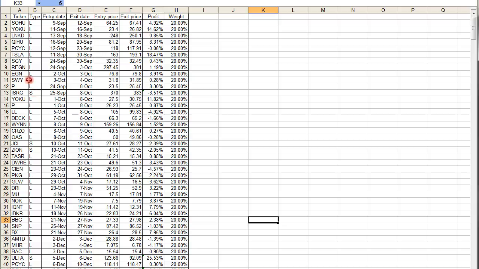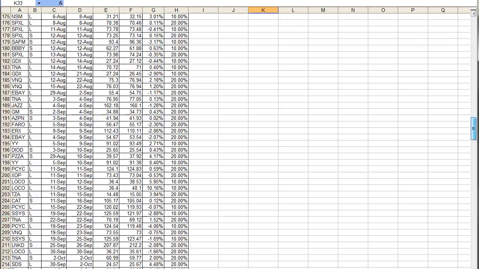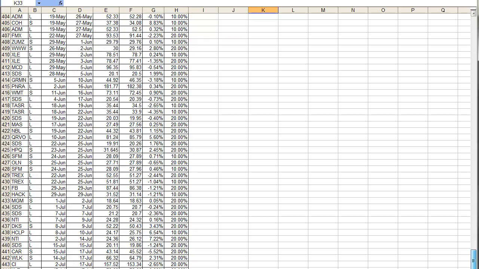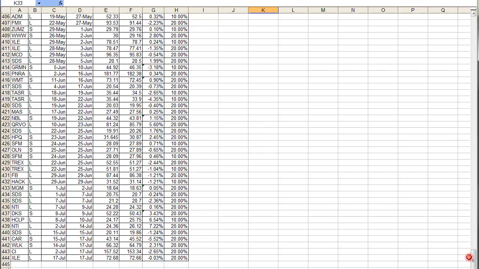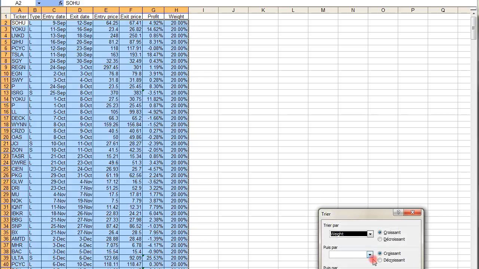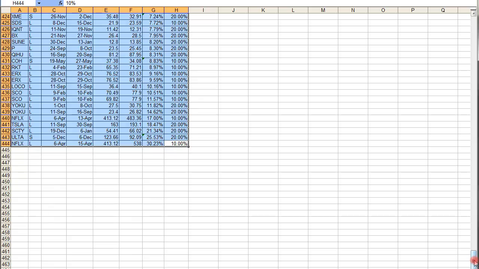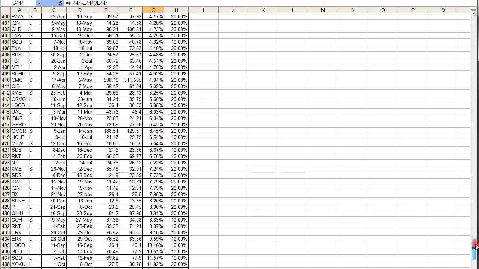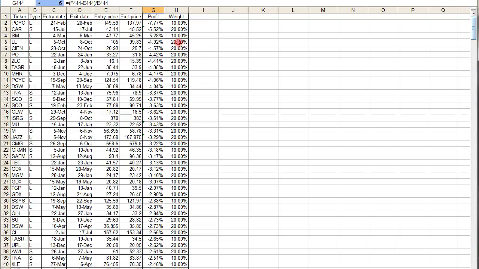Here is my list of trades. You see I placed 444 trades up to now, and I will sort these trades by profits. Okay, you can see here the stronger profits, and the big losses are here.